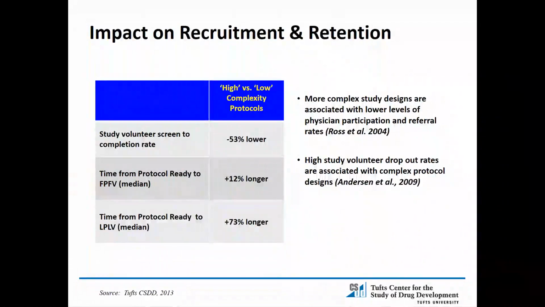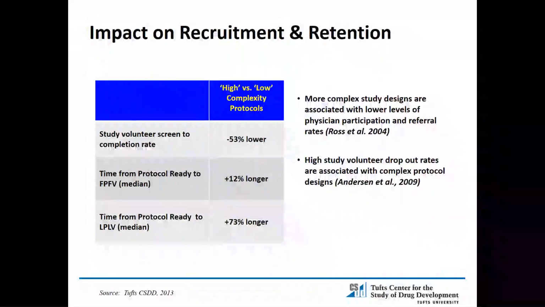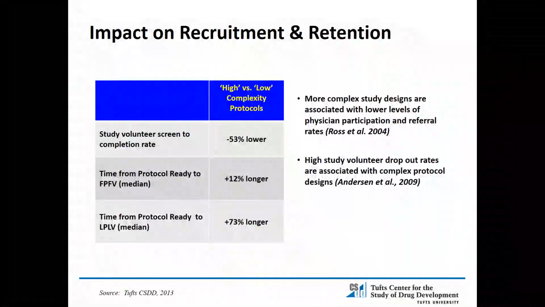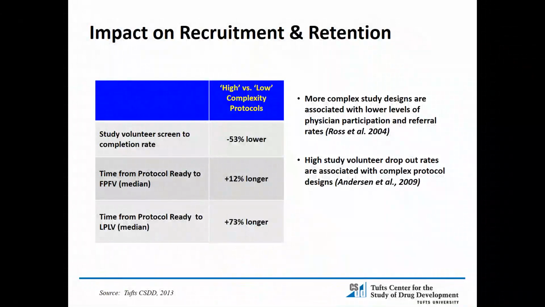Not hard to see how this could happen given the demands that we place on our volunteers. We make it even more difficult for them to qualify for our studies, and once they're in them, we are now asking them to participate in an ever more demanding series of procedures performed during each visit.